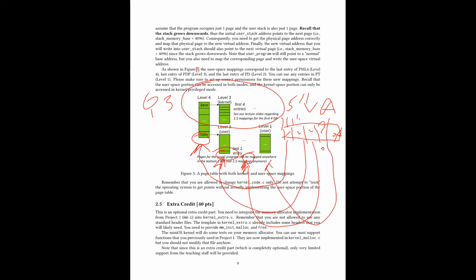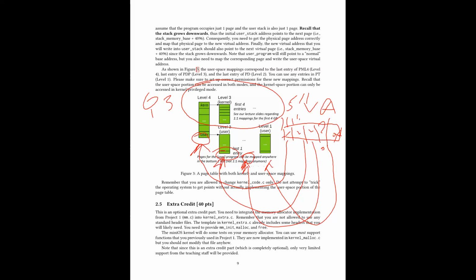I noticed that some of you are confused about level 3, level 2, and level 1. Remember that only level 4 is the same, because that's the root of your tree. That's only one page, and level 4 is the only level that has 512 entries.